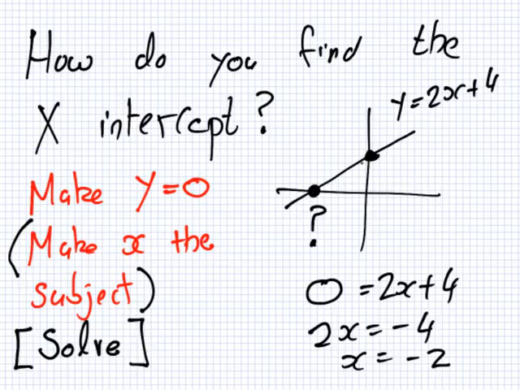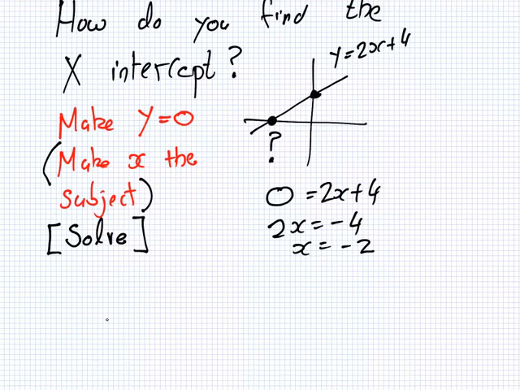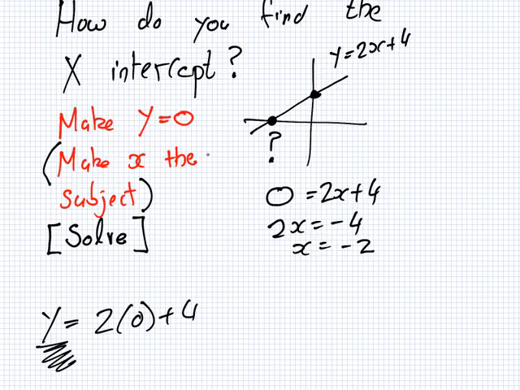Right, so first you make x 0. So you get y equals 2 times 0 plus 4. But y is already the subject, so the next part is finished. So the answer is y equals 4. But you knew that because remember this is M and this is C. And here is C. Elsie, since you didn't know this, do you know it now? Or were you too busy with your hair?